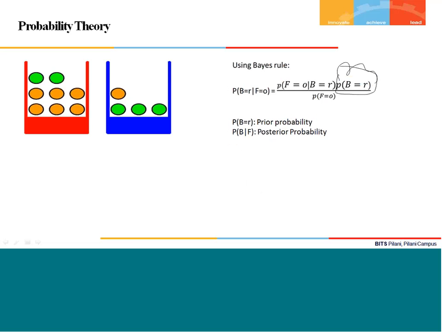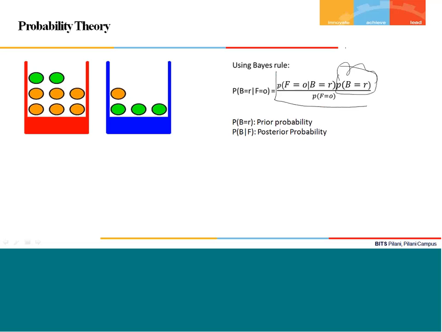For an example, somebody can come and ask me, what is the probability that I can choose the blue box or the red box? If somebody tells me that there is a belief that you can choose the red box with a probability of 0.4, now tell me what is the probability of choosing red.